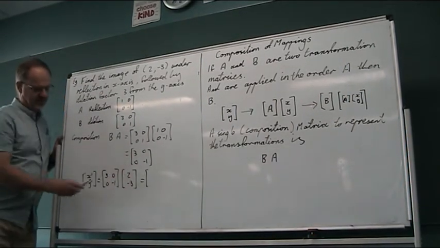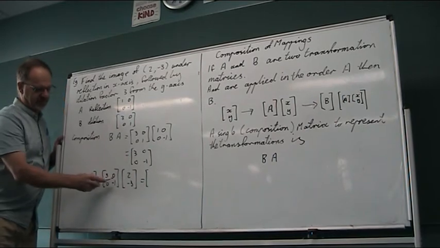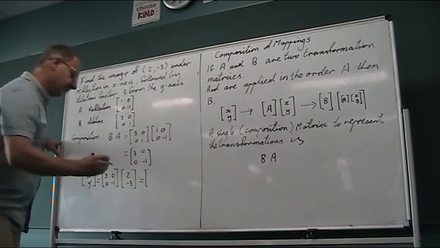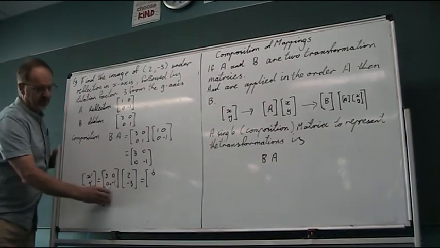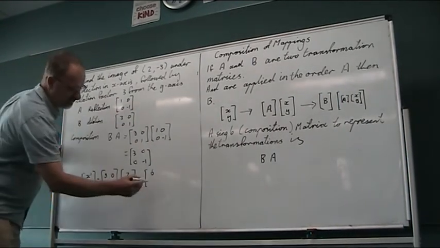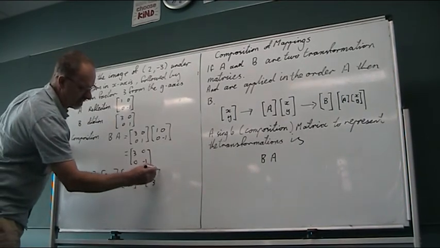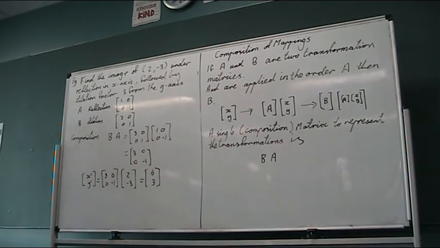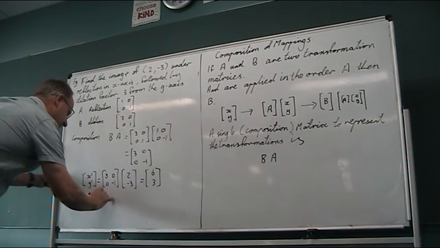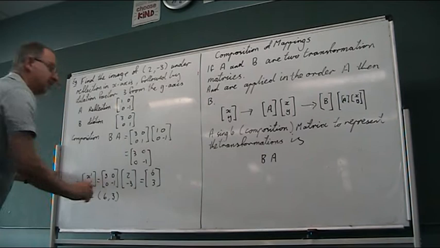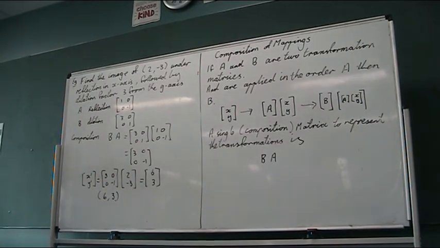Row by column, 3 2s are 6, plus 0 times negative 3 is still 6. 0 2s is 0, negative 1 times negative 3 is plus 3. So the image of that point, better write it in point form so that I get all the marks, otherwise the examiners won't give me all the marks if I don't put it back in point form.